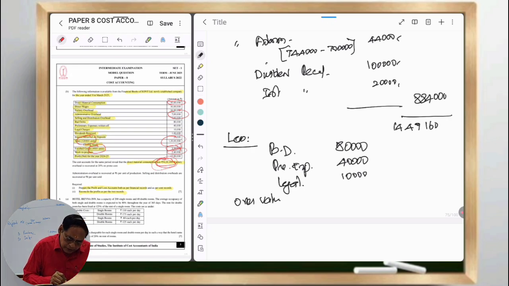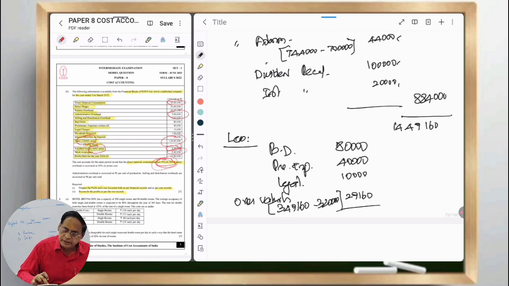Overvaluation of closing stock: in the financial account it is 3,20,000, but in cost accounting 3,49,160. So 3,49,160 minus 3,20,000 is 29,160 we have to deduct.